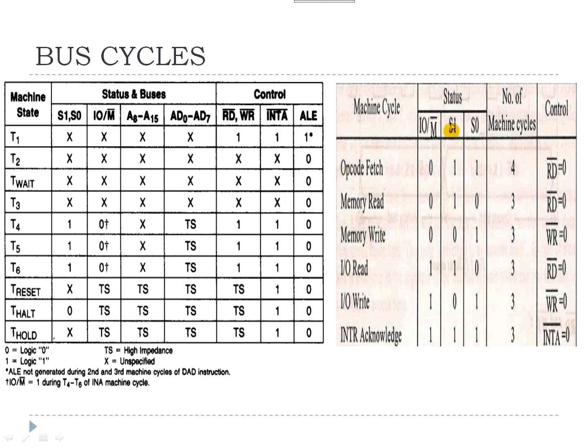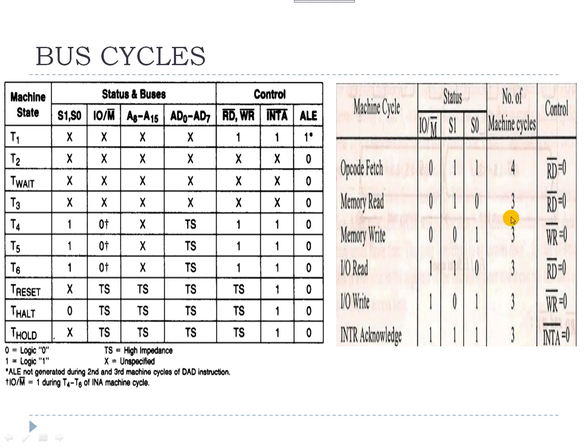You can notice the status or control signals for opcode fetch. Since opcode fetch is a memory cycle, we need to supply the control signal as 0, and S0 S1 as 1 1. For memory read we also have the memory operation, so this is also 0.